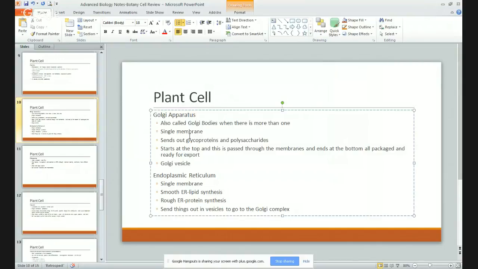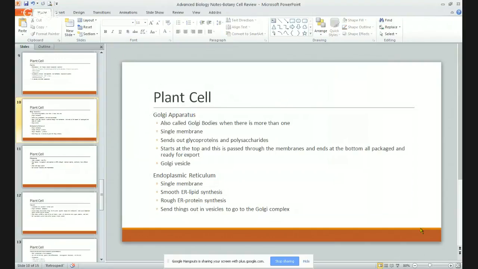It's rough because it's got the ribosomes on it. Smooth doesn't have ribosomes. The rough endoplasmic reticulum is going to use vesicles to send the proteins that it synthesizes to the Golgi apparatus to be packaged further and tagged further.